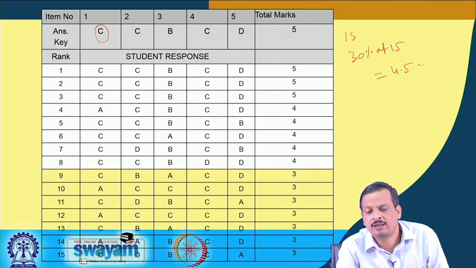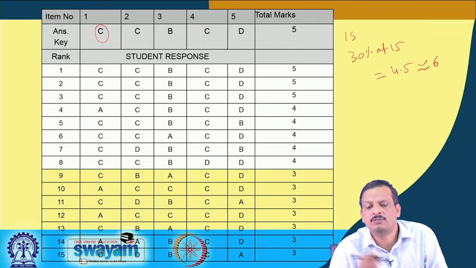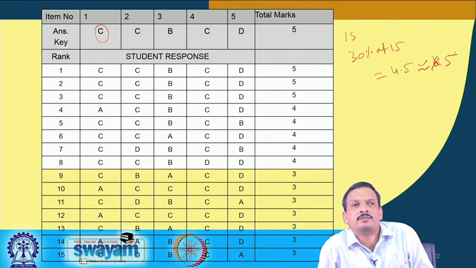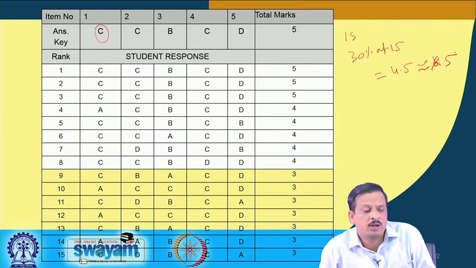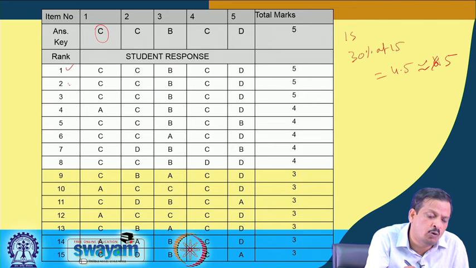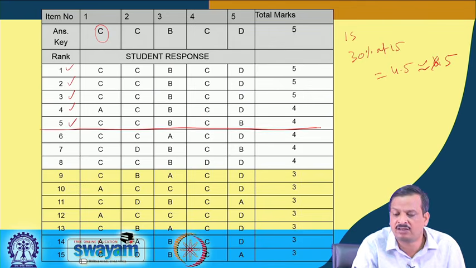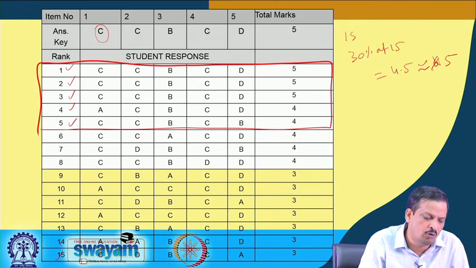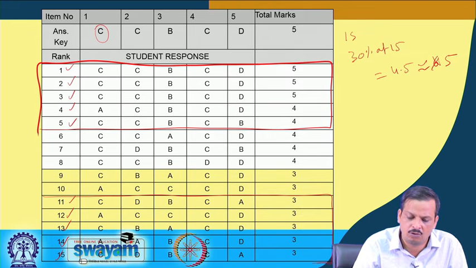So, let us take 5 students. Okay. So, 1, 2, 3, 4, 5 consist of upper group. 1, 2, 3, 4, 5 consist of lower group.